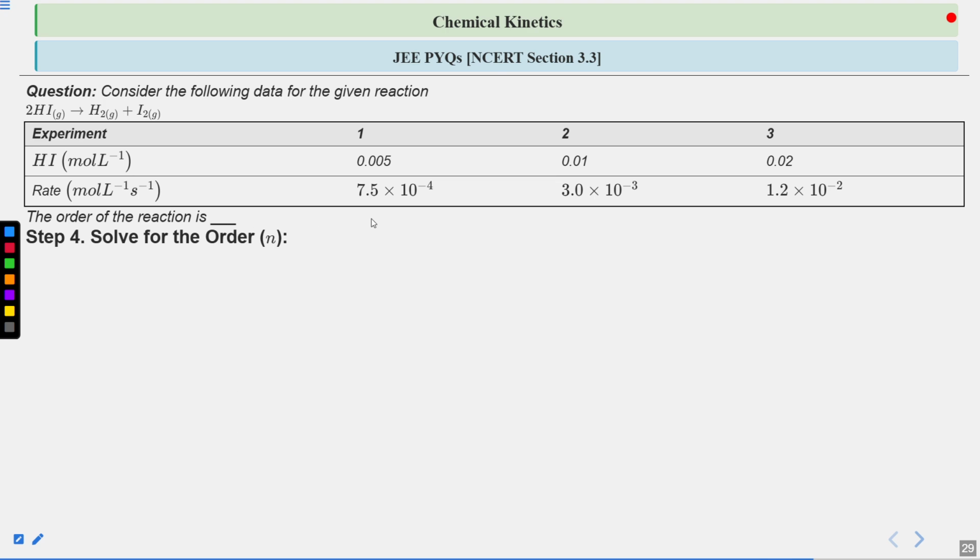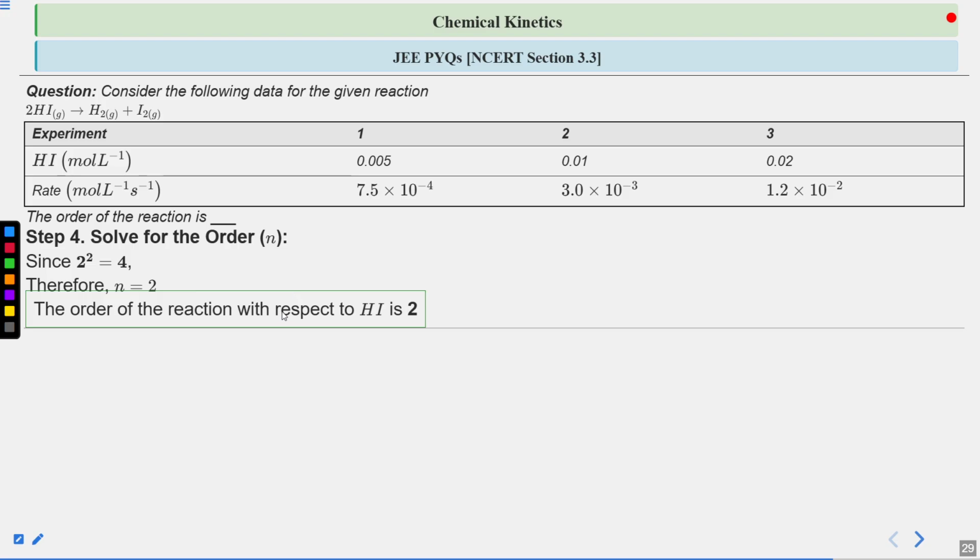Step 4 involves solving for the order, that is, the value of n. Since 2 to the power 2 is equal to 4, n is going to equal 2. That's how the left side and the right side are balanced. So the order of the reaction with respect to the reactant HI is 2.